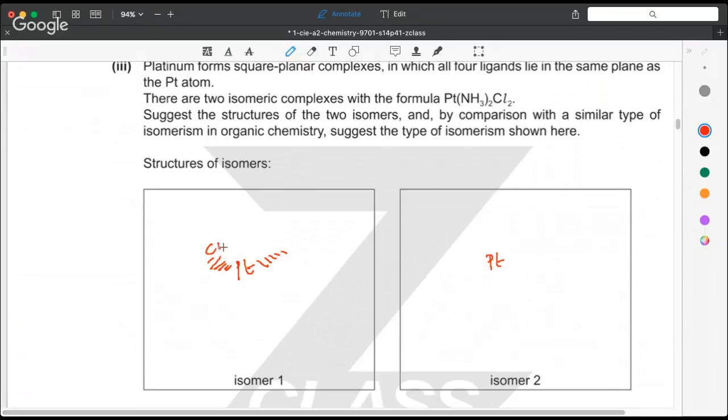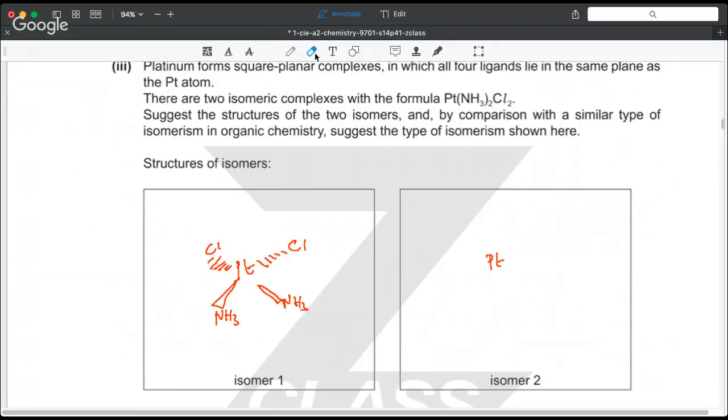So we could have chlorine there, and 2 in front of the paper. In fact, what I should do is, just to be consistent with what I've been telling you. You understand what I'm doing?